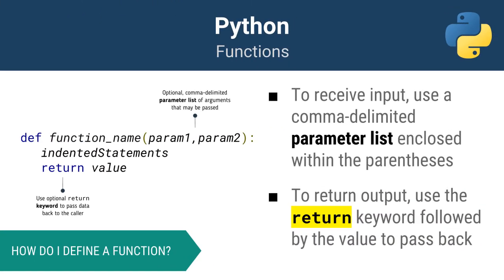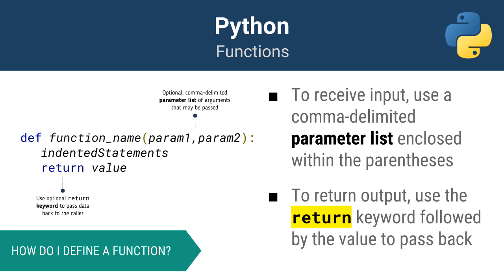What if you want to create a function that receives input and/or that returns data? Any data you want the function to receive goes within the parentheses. Items of data that a function can receive are called parameters. The parameters that a function can receive are listed in a comma-delimited list called the parameter list, placed within the parentheses. A function does not have to have parameters.